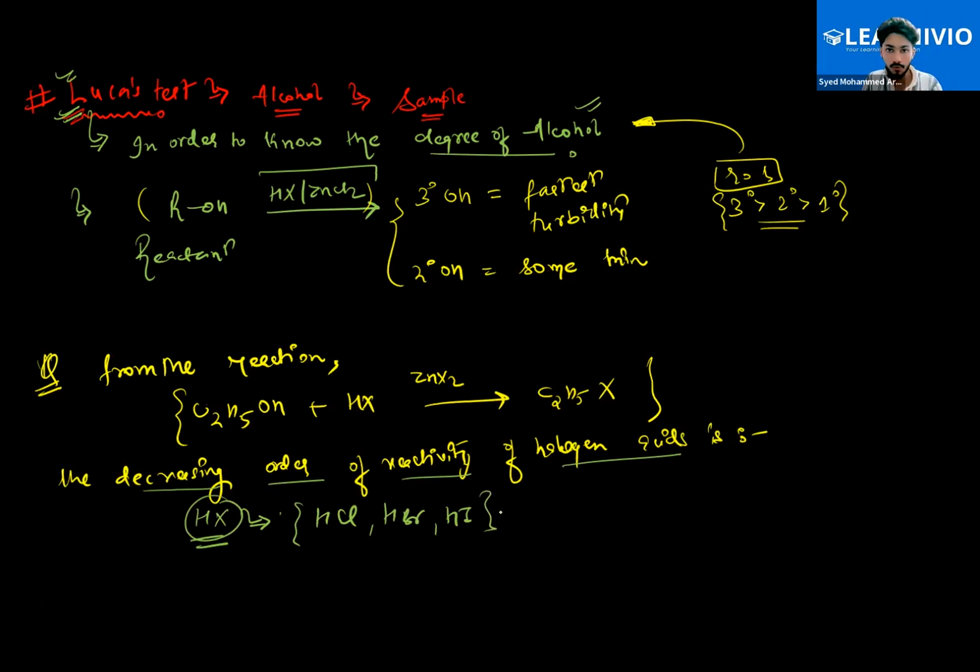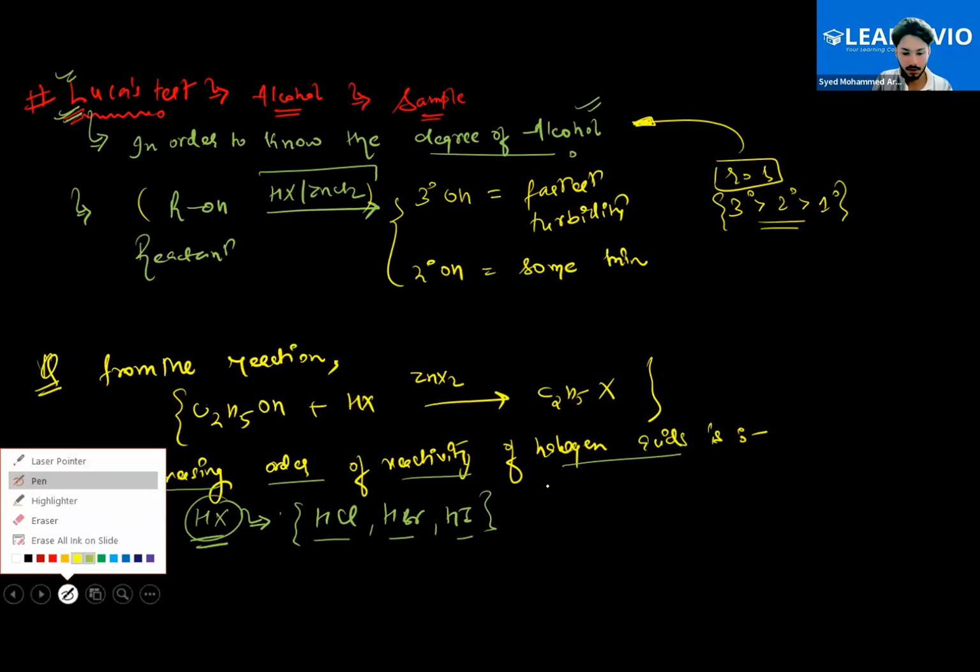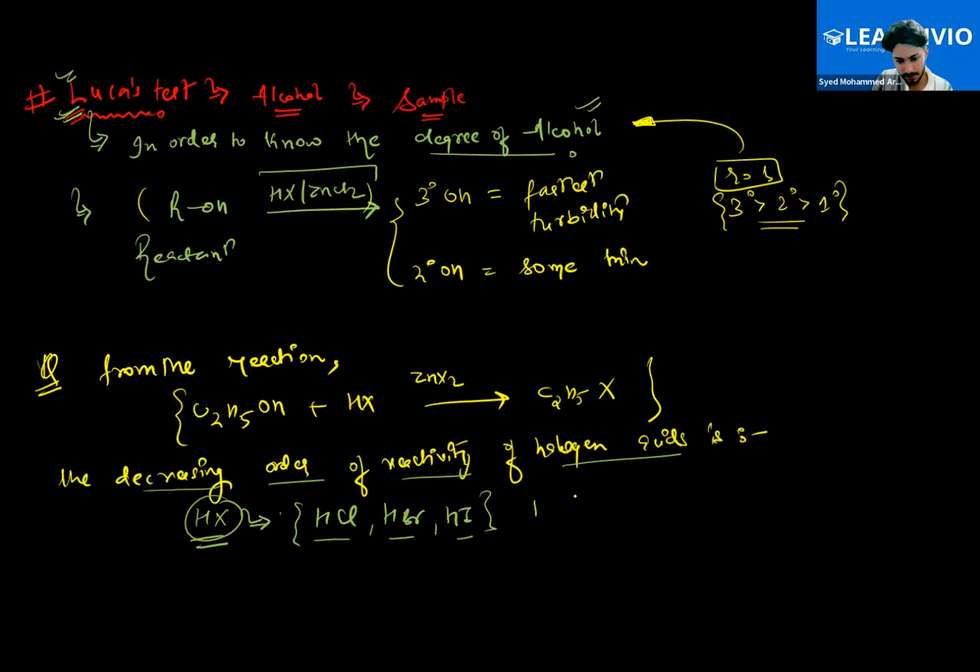Which reaction will proceed at the fastest rate, whether it would be HCl or HBr or HI? The answer will be HI is the fastest one, then HBr, and then HCl.